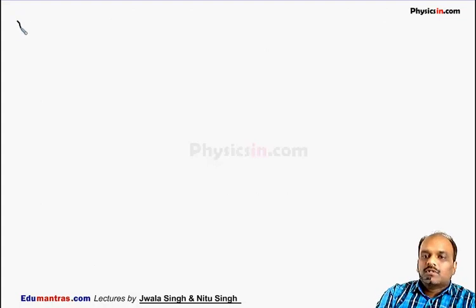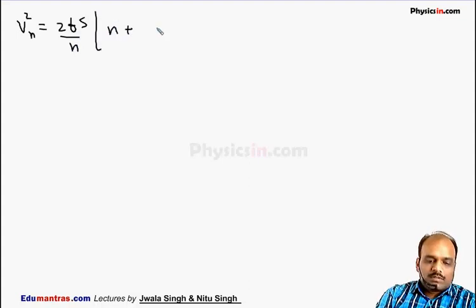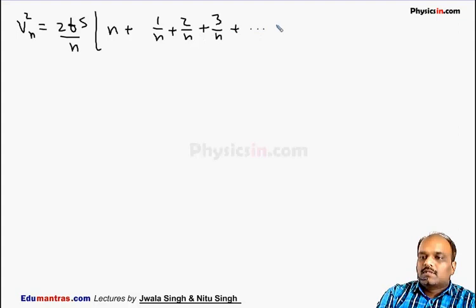when you add all this you will get vn square equal to 2fs by n into n plus 1 by n plus 2 by n plus 3 by n up to n minus 1 by n.